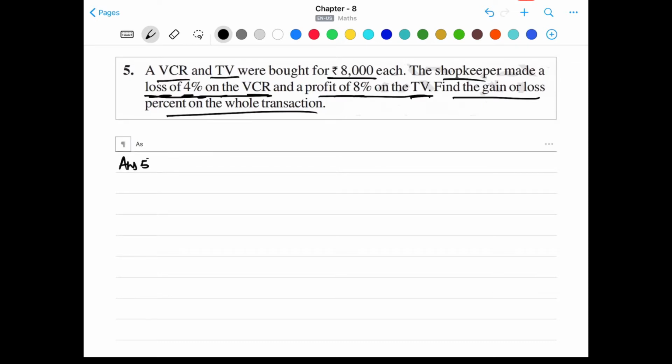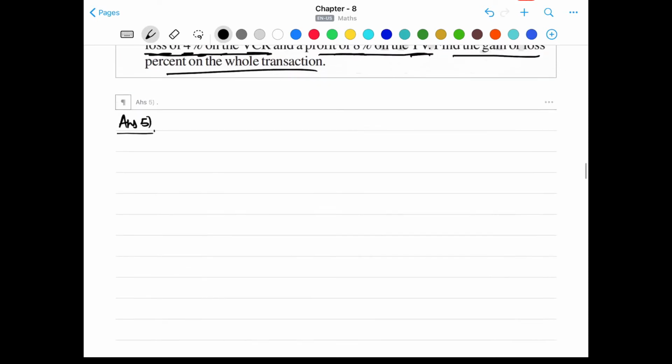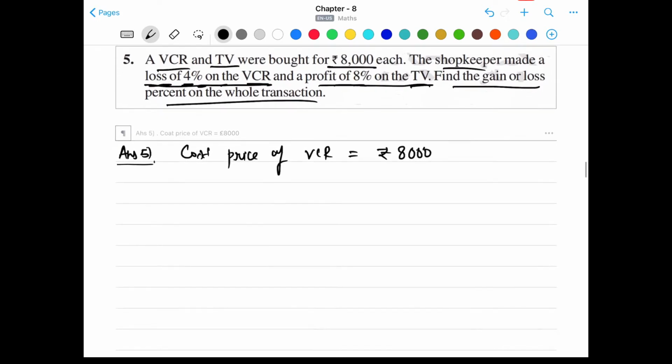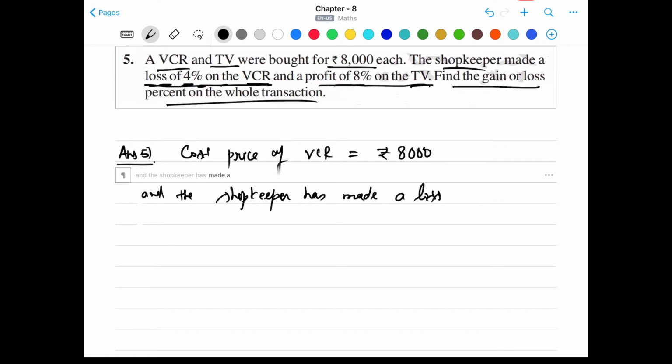Answer number 5. First we'll write the cost price of the VCR. Cost price of VCR is equal to 8,000, and the shopkeeper has made a loss of 4%.